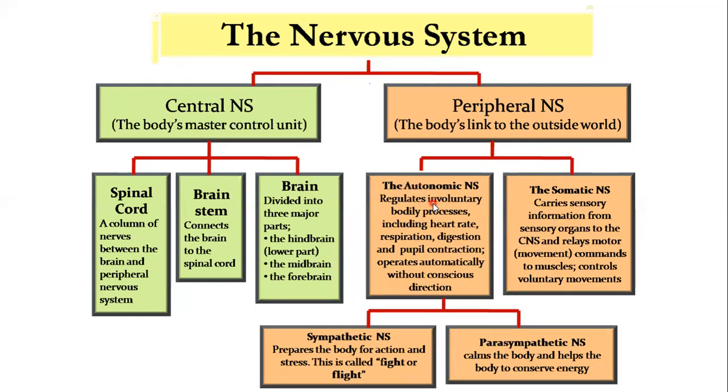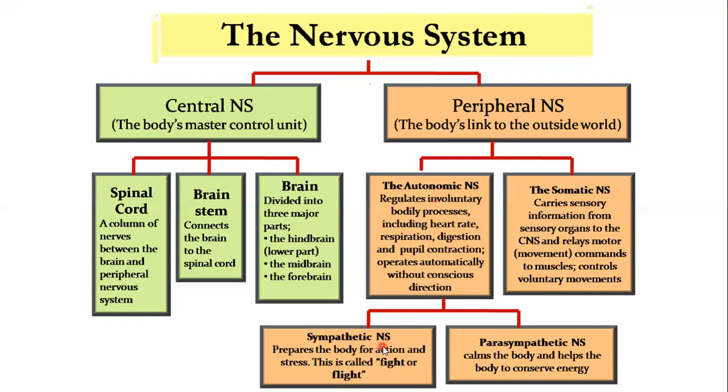Autonomic comes from the word automatic. Automatic means it works by itself. So the autonomic nervous system regulates involuntary bodily processes, including heart rate, respiration, digestion, pupil contraction, and operates automatically without conscious direction.